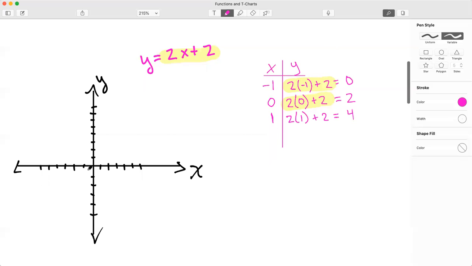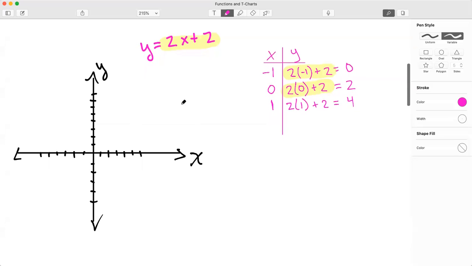Let's graph that with the T-chart. When we have -1 for x, we have 0 for y. So right here, boom, that is one point: (-1, 0). Next we have 0 for x and 2 for y, so there's our next point.